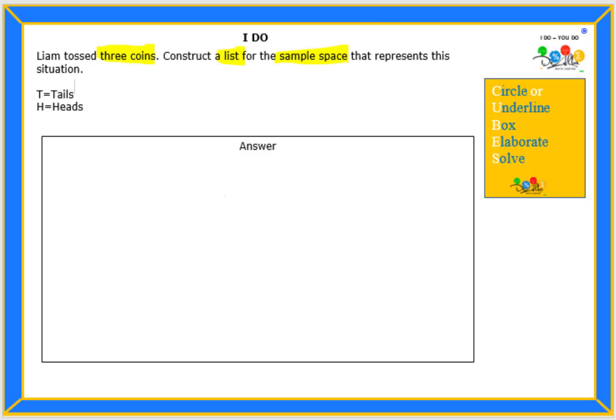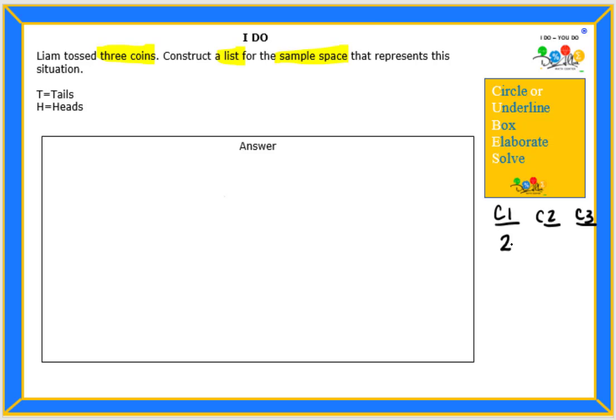So there are 3 coins. So we have coin 1, coin 2, and coin 3. So coin 1, how many possibilities are there on a coin? 2. Any coin has 2 possibilities, either heads or tails.